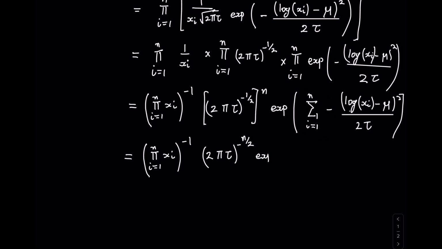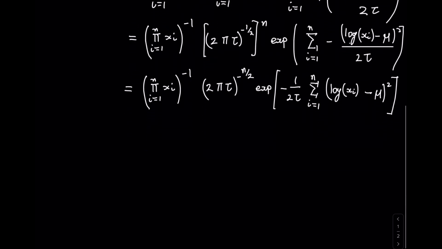So it'll give me exp of -1/(2τ) times the sum, i equals 1 to n, of (log xi minus mu) all squared. And there we have our expression.